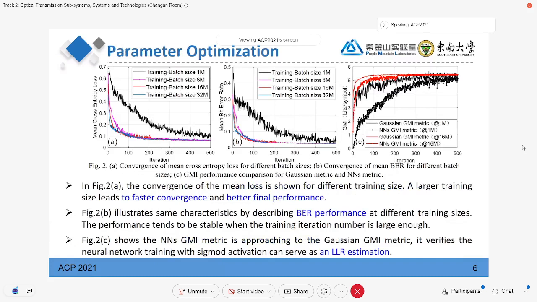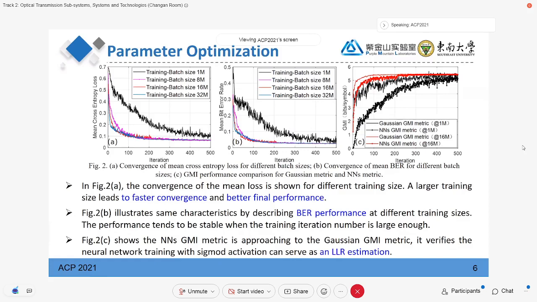Here we show the parameter optimization. Figure 2a shows the relationship of iteration and the mean loss. We can see the convergence of the mean loss for different training sets. A larger training size leads to faster convergence and better final performance.